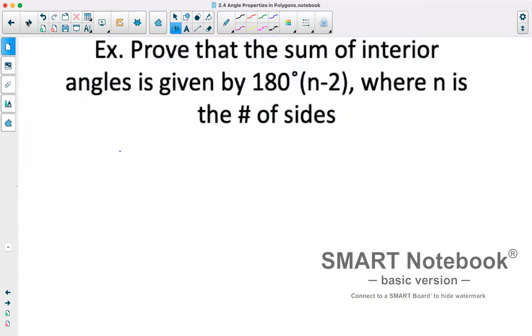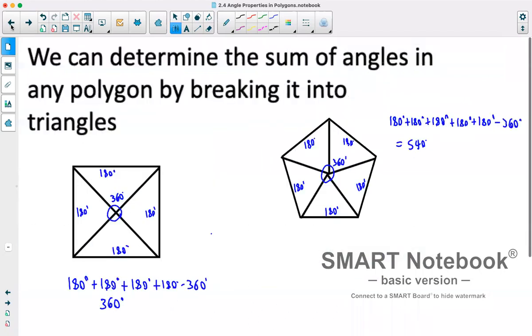So what we want to do now is prove the sum of interior angles is given by 180 times n minus 2, where n is our number of sides. Okay, so if we go back a couple pages, we can see we're adding 180 as many times as we have triangles, which is as many times as we have sides for both of these.